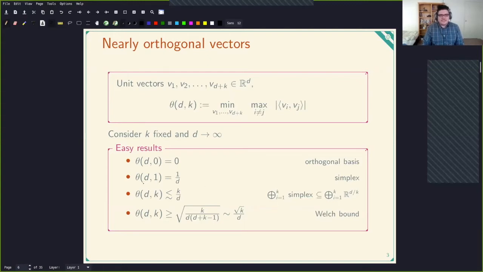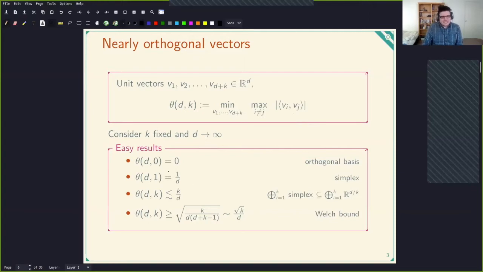If we move on to theta d,1, this is arranging d plus 1 points in R^d so that they're as close to orthogonal as possible. And it turns out the best thing to do is to take a regular simplex. If you do the computations, you'll find that all inner products are negative 1 over d. And because we're taking absolute values, we'll get 1 over d here.